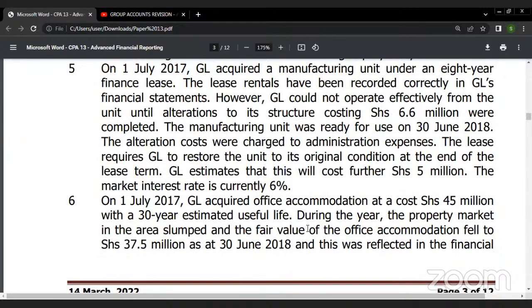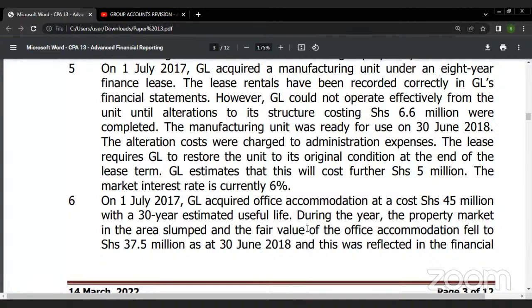On 1st July 2017, GL acquired a manufacturing unit on an 8-year finance lease. The lease rentals have been recorded correctly in GL's financial statements. However, GL could not operate effectively from the unit until alterations to its structure costing 6.6 million were completed. The manufacturing unit was ready for use on 30th June 2018.